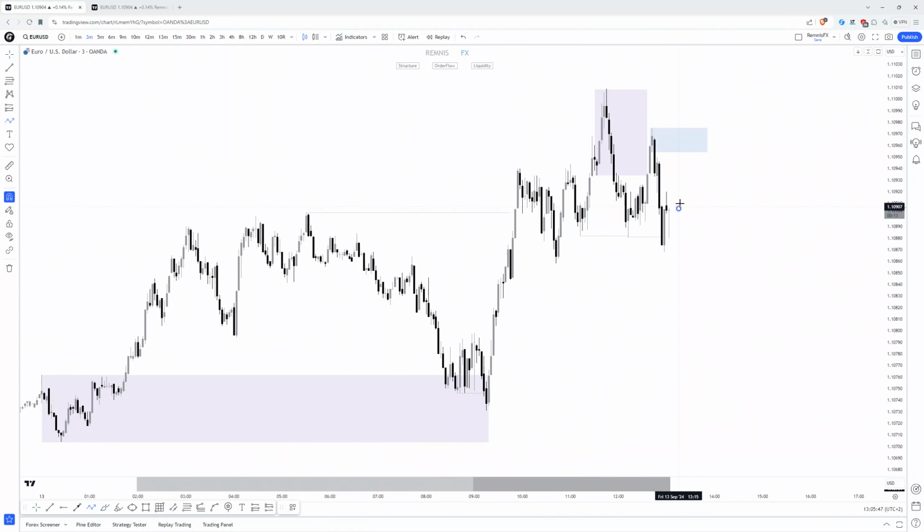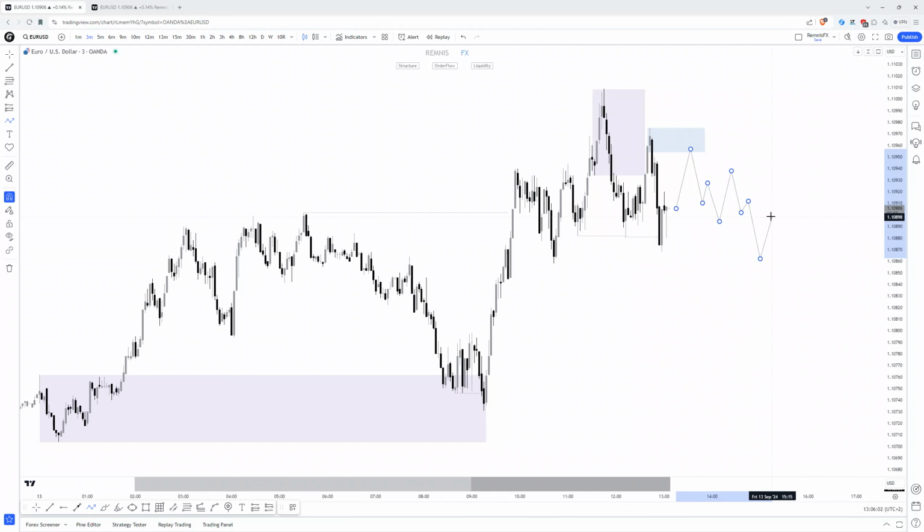So if price now comes into this area and respects that area, we first do need liquidity to be created, taken out, and then we could look for a sell, right?